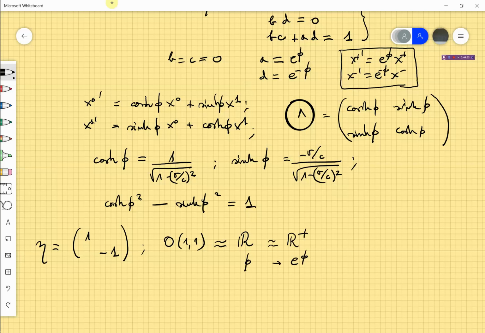When you multiply two of these e to the phi's, which happens in R plus as a multiplicative group, you add the exponents, and this is R as an additive group. But they are both isomorphic to O(1,1).